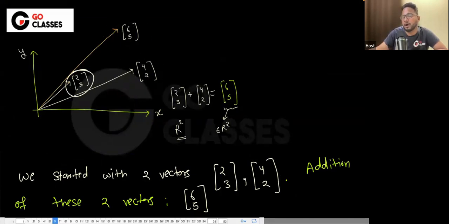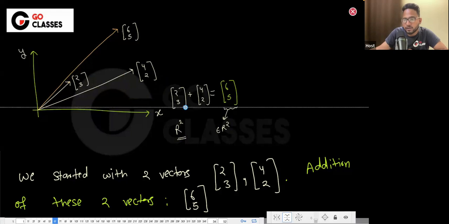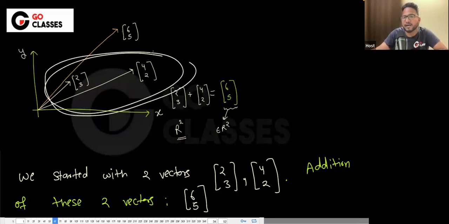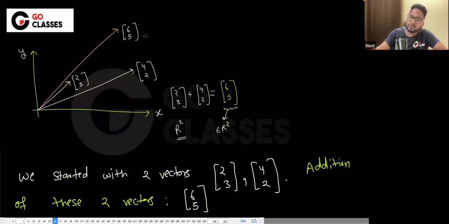That's why R2, you can say, is a vector space. So what is a vector space? A vector space is nothing but a set of vectors such that if you take any two vectors there, and if you add those, subtract those, or whatever linear combination you want to perform, any linear combination of these two vectors will give you some vector which is also in the same set.